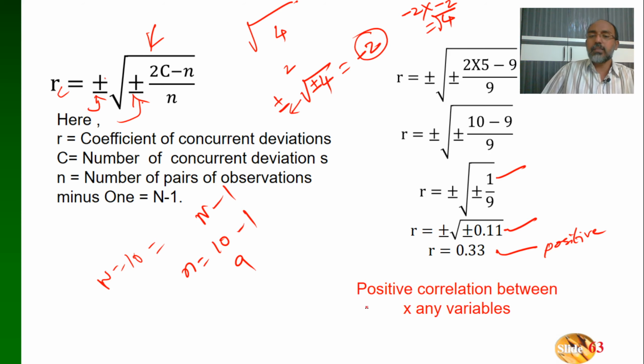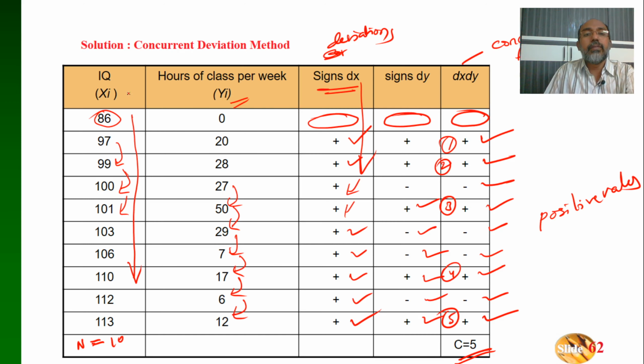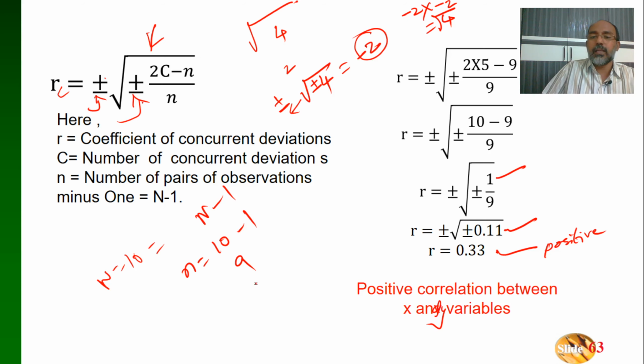Okay, so positive. Then how to comment on this one? There is a positive relation between the x and y variables. What are the x and y variables? X means we studied the IQ of the student, and y is the hours spent in classes.